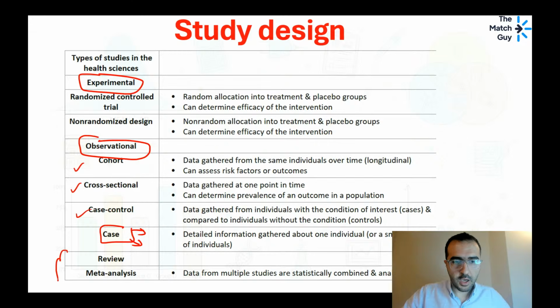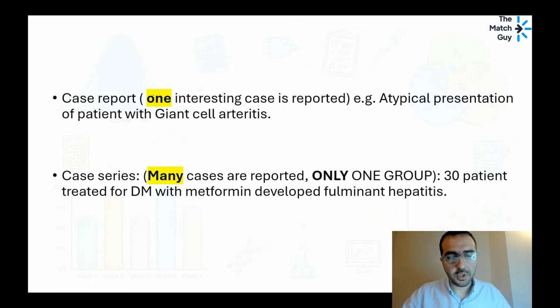And finally, we have systematic reviews and meta-analysis. But in experimental studies, we have only the clinical trials, which could be randomized vs non-randomized clinical trials. So let's take it one by one. Let's start with observational studies first in the next few slides.